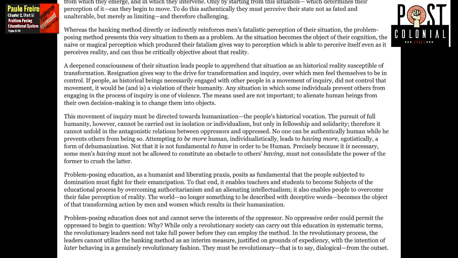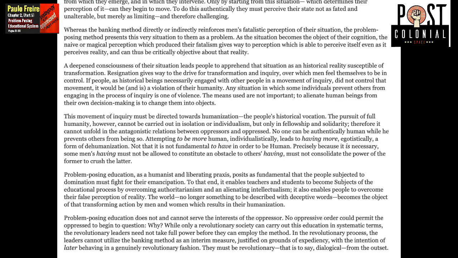Problem-posing education, as a humanist and liberating praxis, posits as fundamental that the people subjected to domination must fight for their emancipation. To that end, it enables teachers and students to become subjects of the educational process by overcoming authoritarianism and an alienating intellectualism.